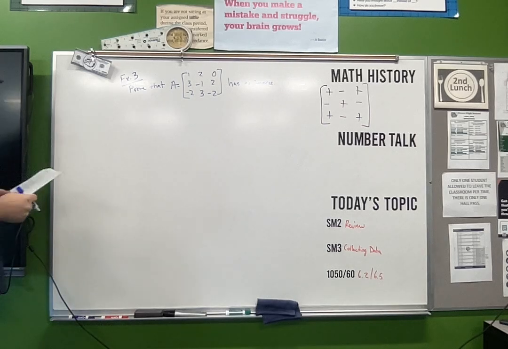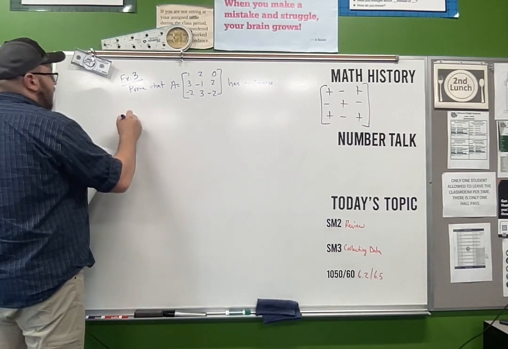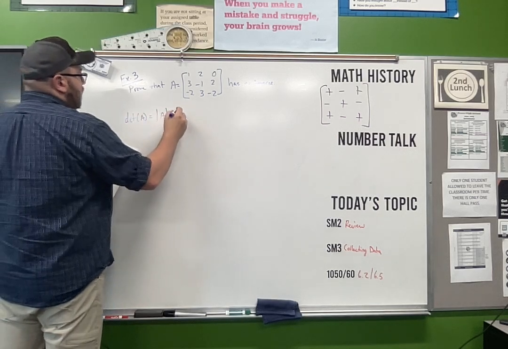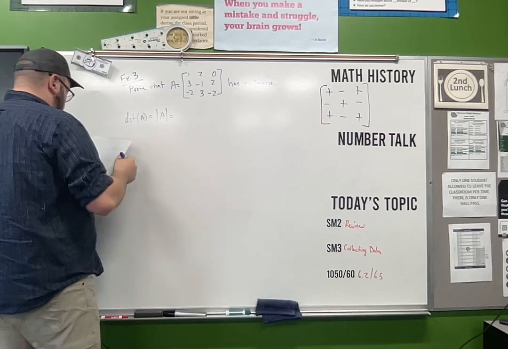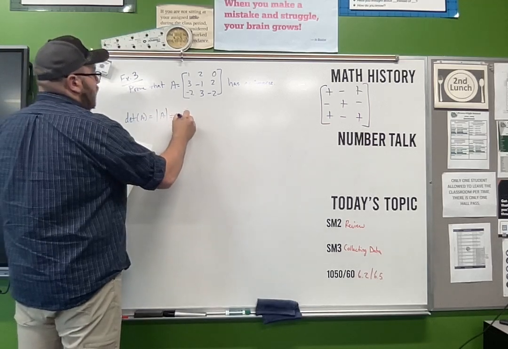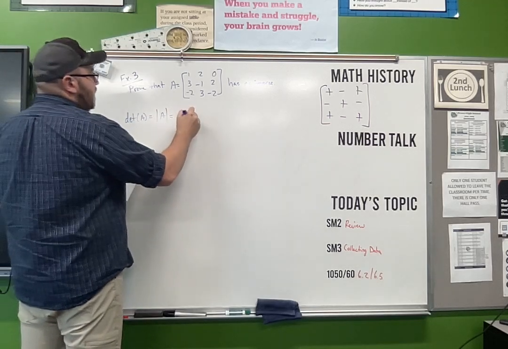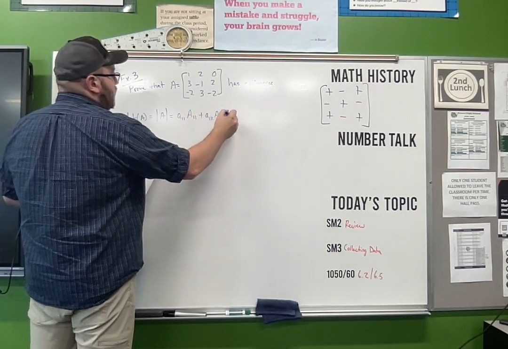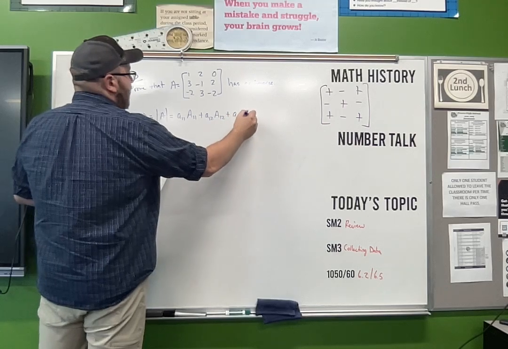Okay, well, we need to find the determinant of A, which is the absolute value of A, which is A11, right? Entry 11 times cofactor 11 plus entry 12 times cofactor 12 plus entry 13 times cofactor 13.